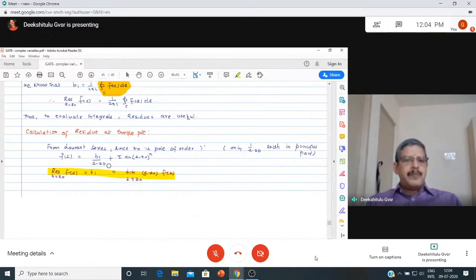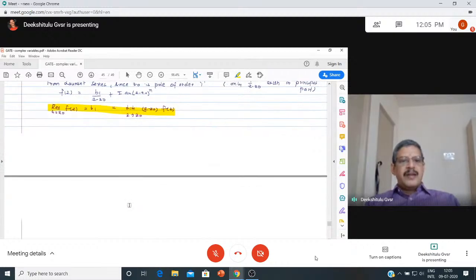If you multiply throughout the Laurent series expansion with (z - z0), then (z - z0) f(z) equals b1 plus sigma a_n (z - z0) to the power n plus 1. As z goes to z0, all these terms become 0, and on the left-hand side we have the limit as z goes to z0 of (z - z0) f(z).